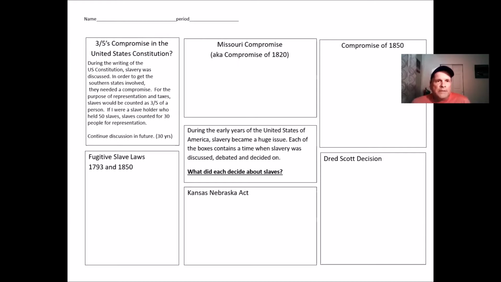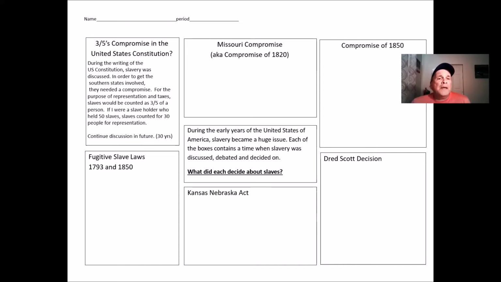Slavery was discussed. But in order to get the southern states to get involved in the country, they had to have a compromise. The southern states were ready to walk away if they said, we have to get rid of slavery. So the compromise is called the 3/5 compromise.